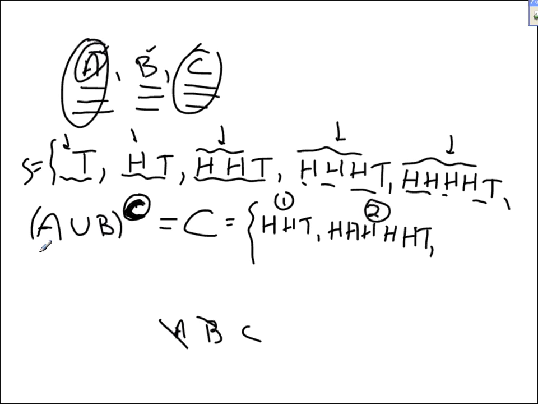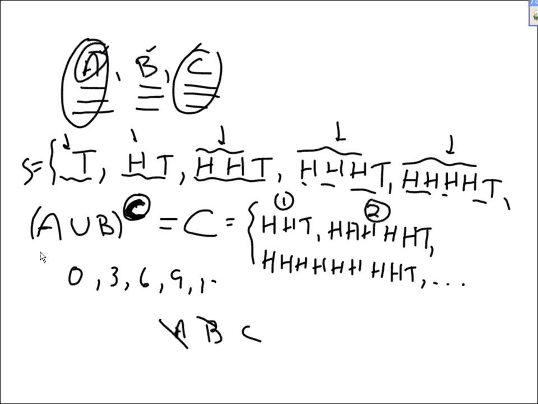Carlos can win the third round. Nobody won the first round. Nobody won the second round. The third round, somebody wins. But it's not Abe, it's not Betty, but it's Carlos. This time, it's not this 3 times table: 3 times 0, 3 times 1, 3 times 2, 3 times 3, 3 times 4.